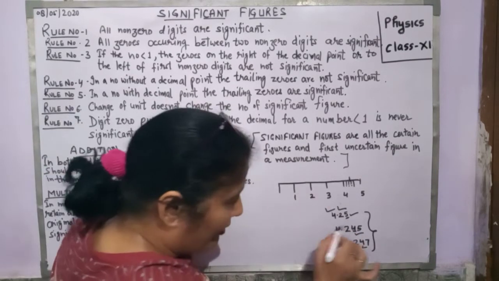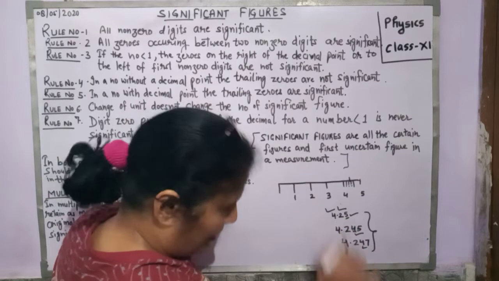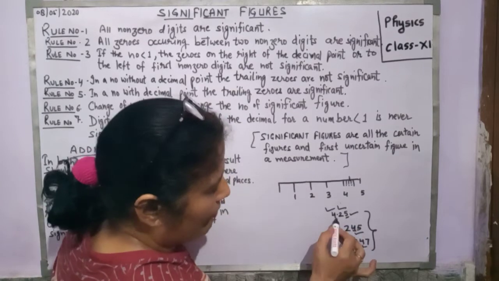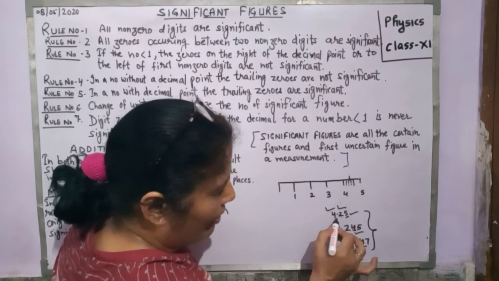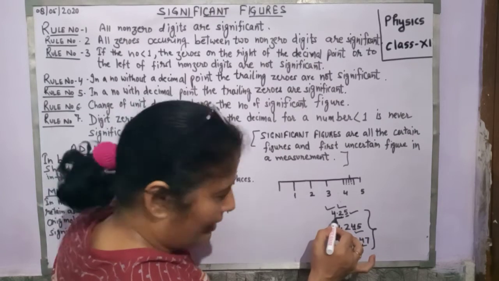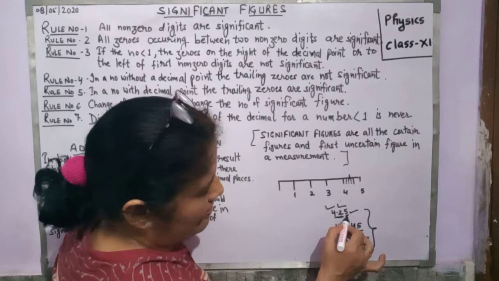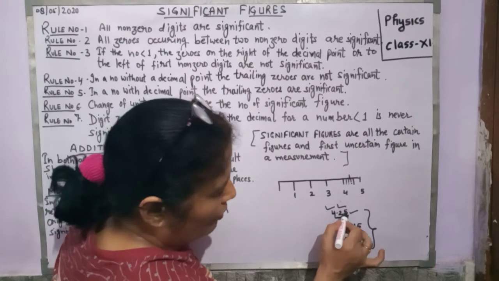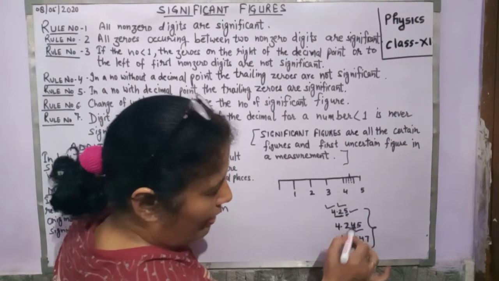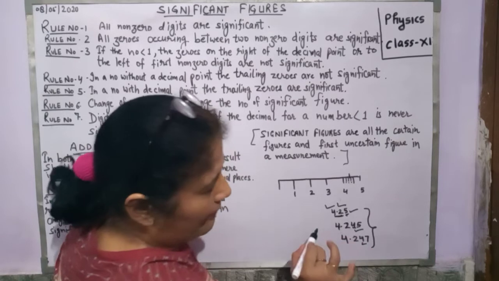What are the significant figures in these measurements? That is 4, 2, 5. The first two are certain significant figures and the third is the uncertain figure.